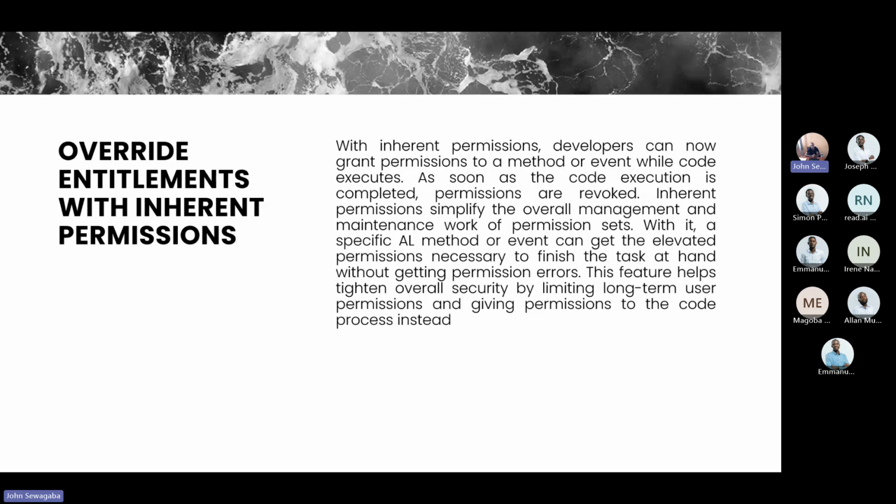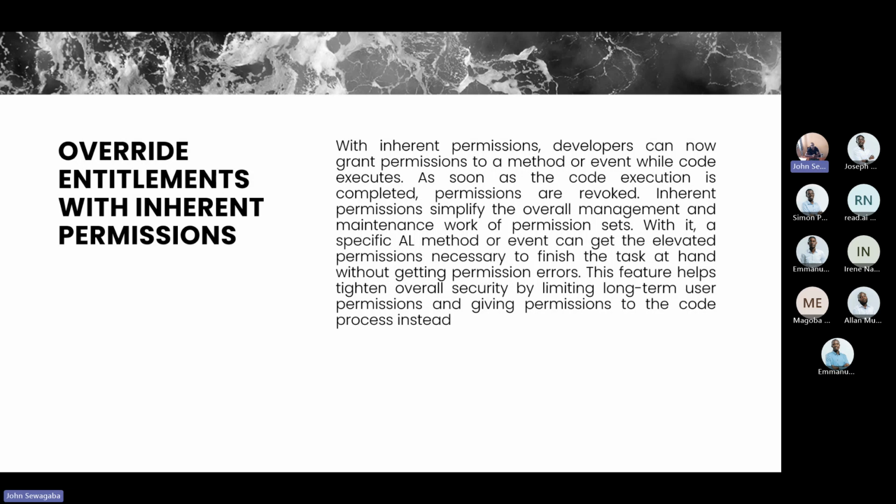We had done custom workflows other than the standard, and we had introduced our own tables, but when it came to sending emails, any team member would not be able to do that. So with this knowledge, it will still be possible: I define my functions for sending email notifications, and I give them the rights so that I override what had earlier been said, that you are merely a team member. I could give you more elevated permissions to complete your task, only that particular task I've allocated to you.